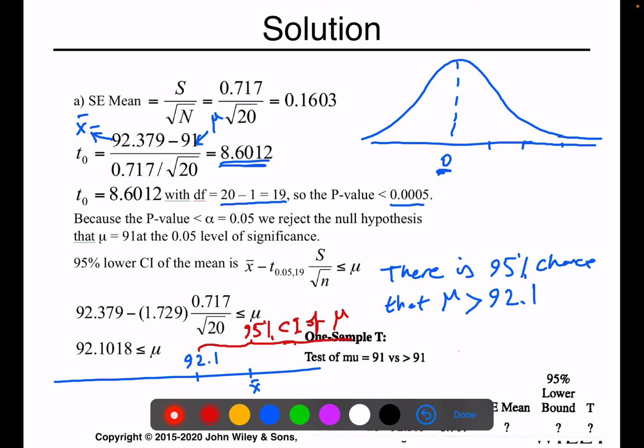And then our null hypothesis was that mu 0 is equal to 91, right? Far, far away from the confidence interval, right? So we can see here also that we can reject the null hypothesis, because this null hypothesis is far from the confidence interval that we found. Any questions? Okay.